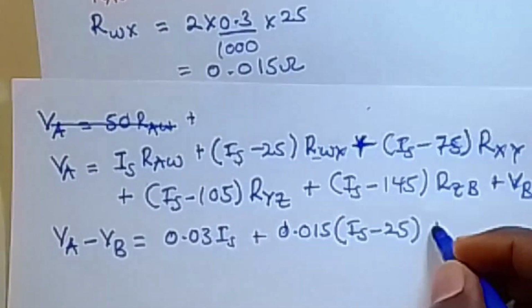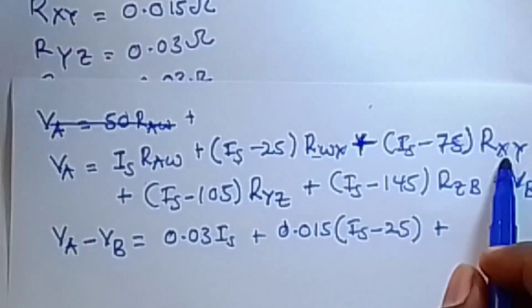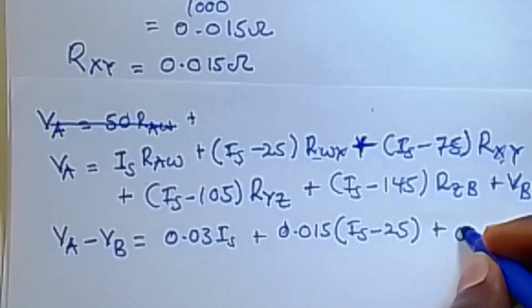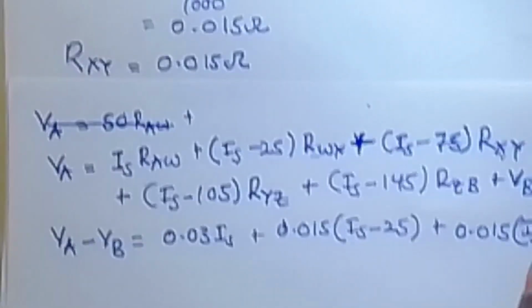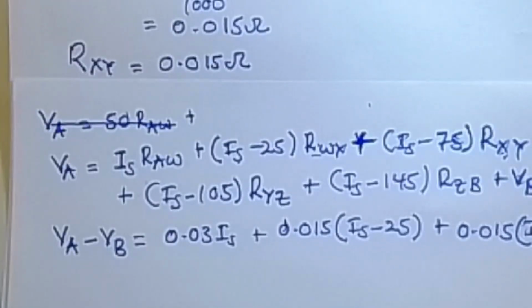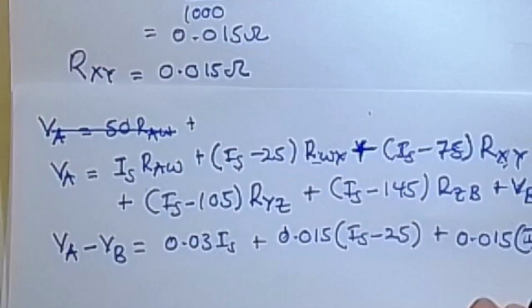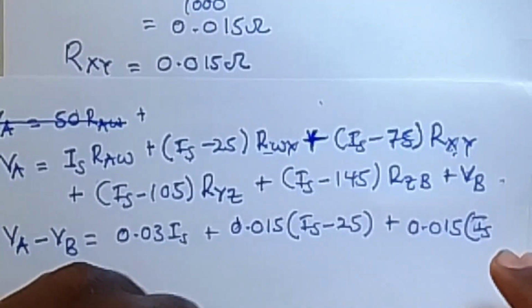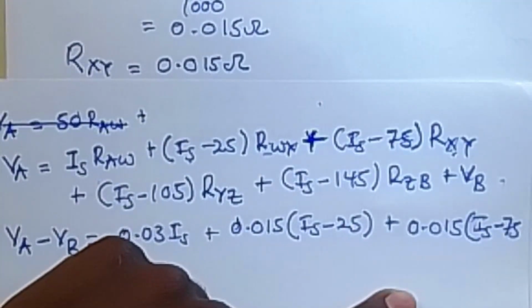Moving on, we shall have plus RXY, the value we calculated, so we shall have also 0.015 into the value IS minus 75, okay?